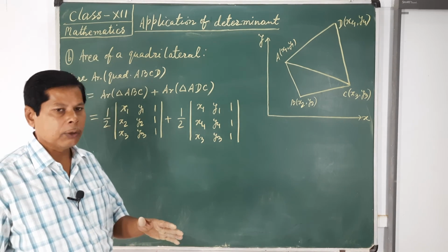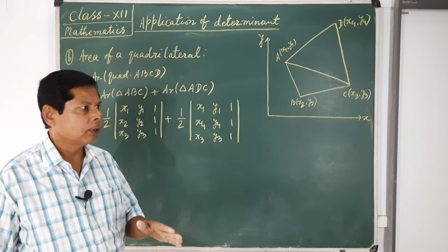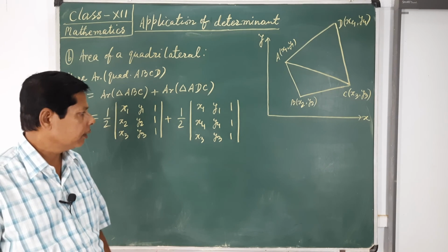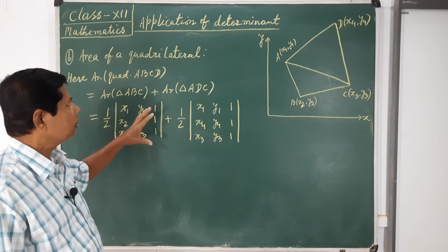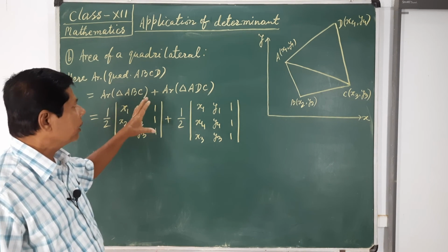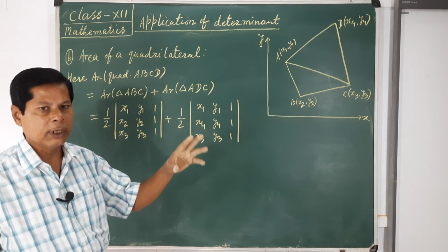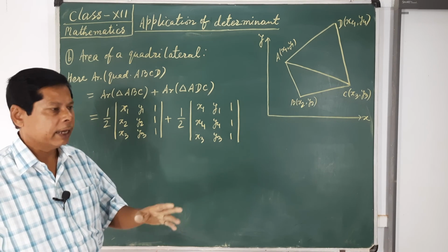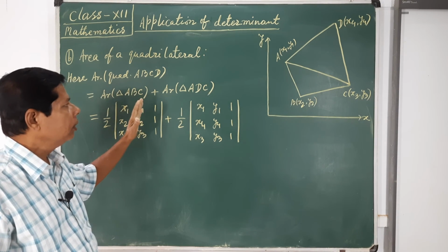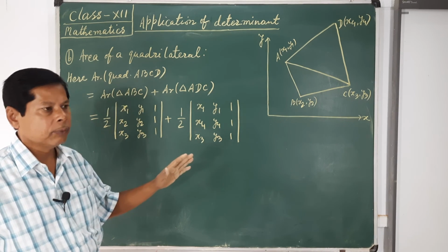So that is not required for this year's syllabus. So in the application area, we shall solve only the basic problems related to determinants based on expansion, and then the area of a triangle and quadrilateral.